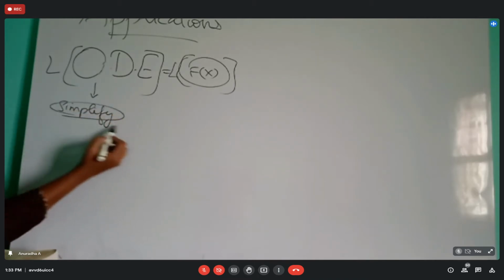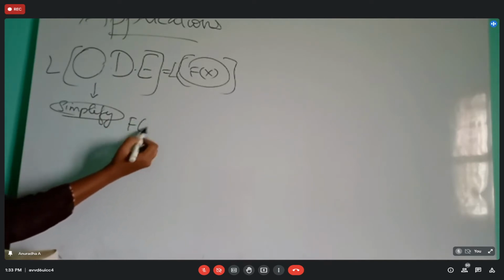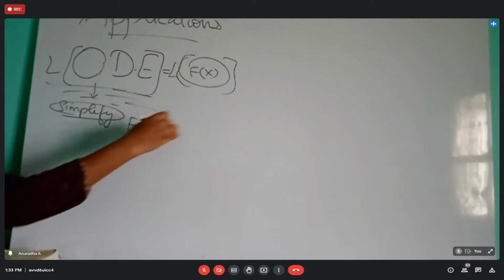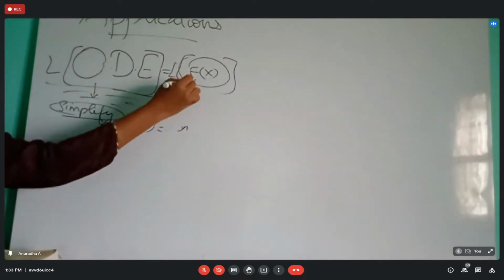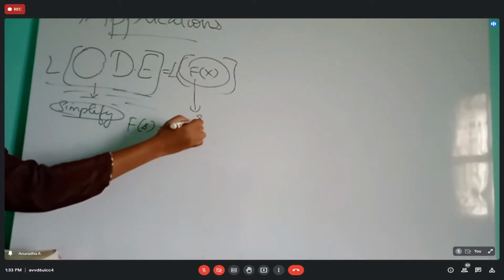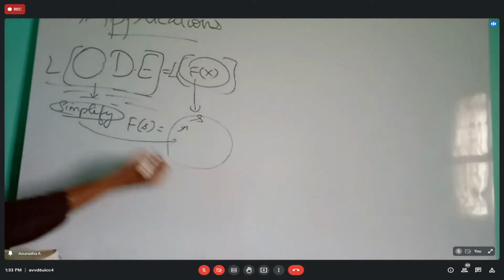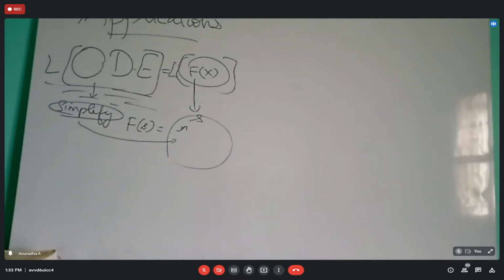To simplify, keep only the capital F of s on one side and take all the other terms to the other side. Here you already have some s functions, and some more s functions will come from there. Simplify this using either the convolution theorem or partial fractions.